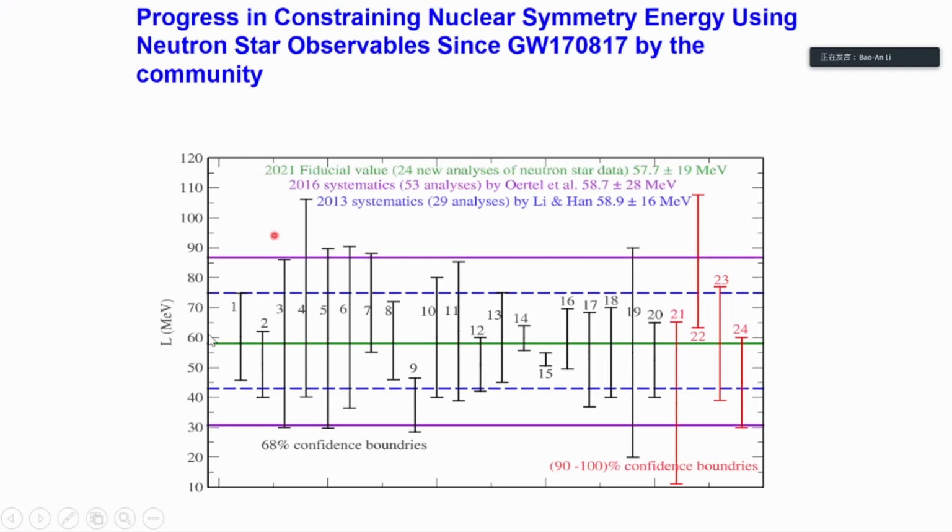The recent analysis of neutron star observables gives you this green line, which gives the slope of symmetry energy about 58 MeV or so. So basically, this tells you that we have a reasonably good understanding and constraint on the slope of the symmetry energy around the normal density.